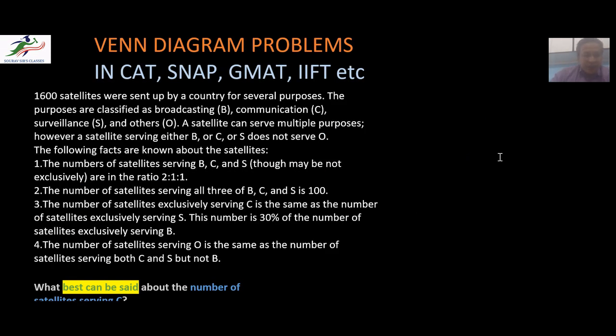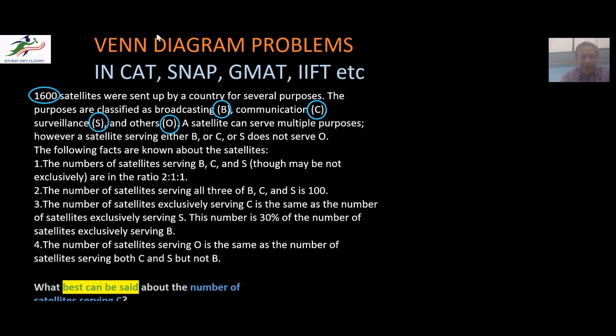Let us take an example of a problem that came in the 2018 CAT paper. It says that a country had sent out 1600 satellites for different purposes like broadcasting, communication, surveillance, and others.